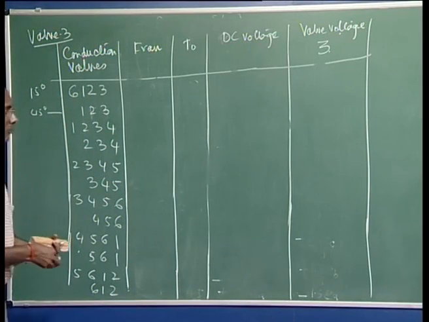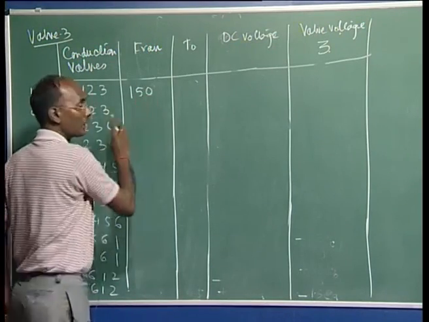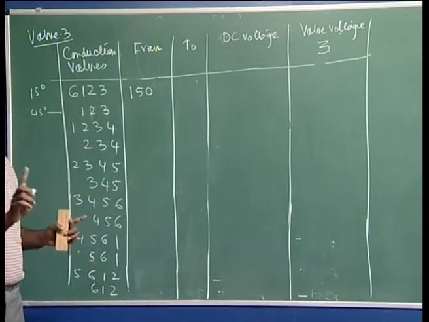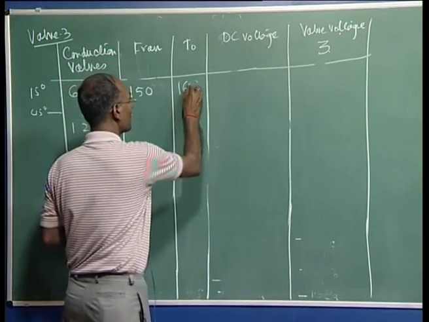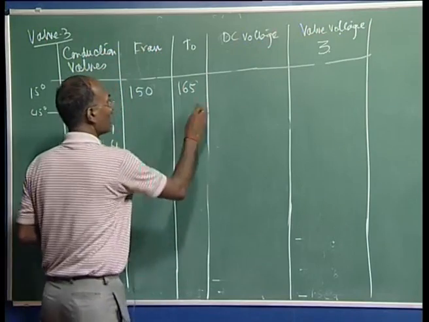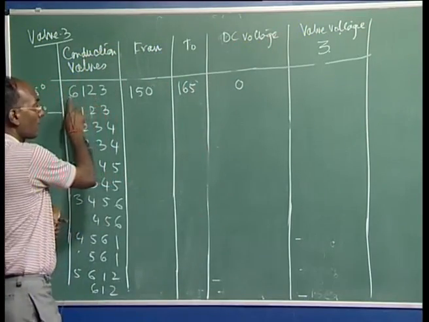Now we are going for alpha of 150 degrees. We start from 150 degrees and keep on adding. So, this is 165. What will be the output voltage? It will be 0, because for the valve it is always 0.